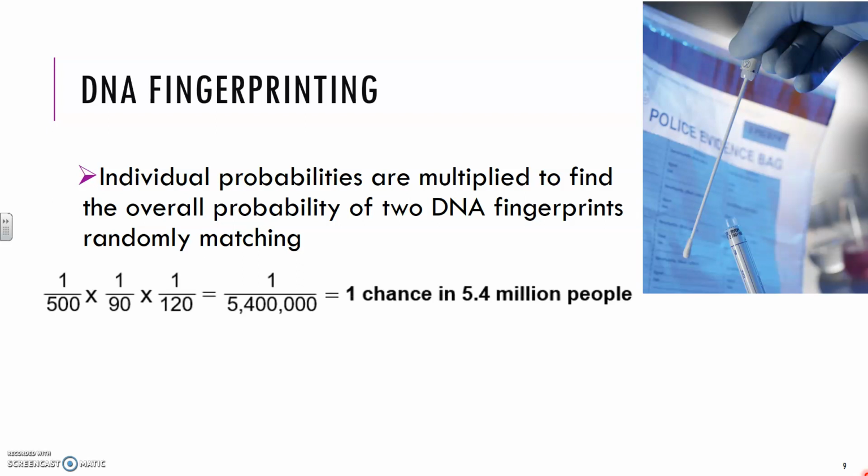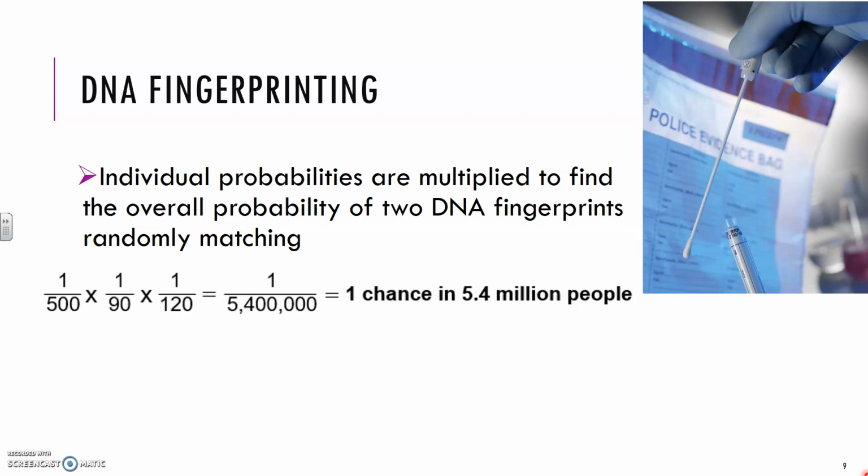But, okay, so say 1 in 500 people have, say 6 repeats at this one location. 1 in 90 maybe have 5 repeats at another section. And then 1 in 20 might have 13 repeats at another section.